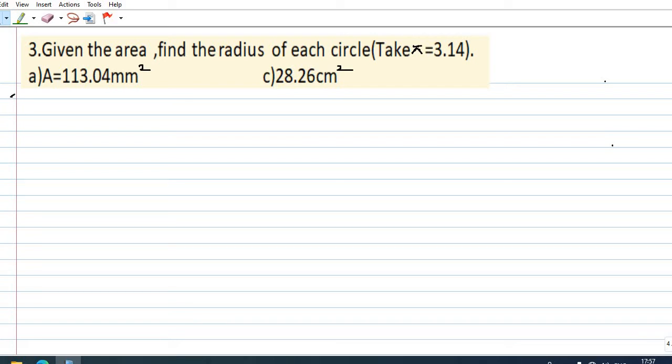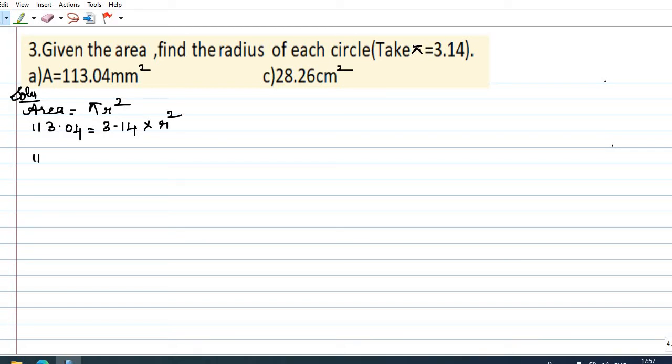Solution. Area is equal to pi r square. Substitute here: 113.04 is equal to, and pi I am going to take as 3.14, into r square.